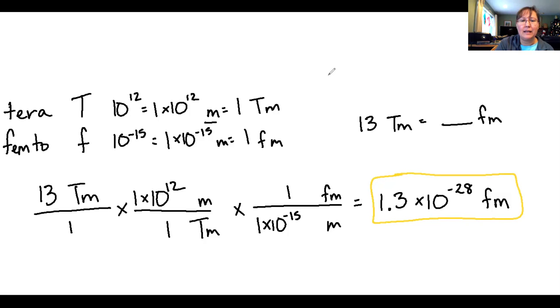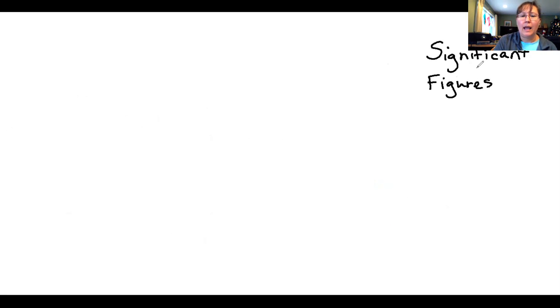The next thing that I want to talk about today, for that first part of chapter 1, that might be a little bit challenging for some folks, is significant figures. Interestingly enough, students detest significant figures. They just do.